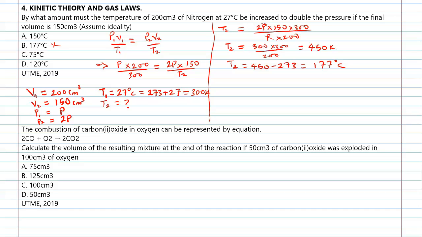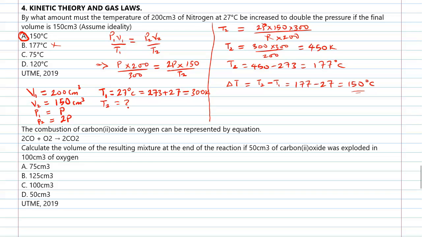The question asks, by what amount must the temperature 27 degrees centigrade be increased? So this implies change in T, which is T2 minus T1. 177 minus 27 is 150 degrees centigrade. A is the correct answer.